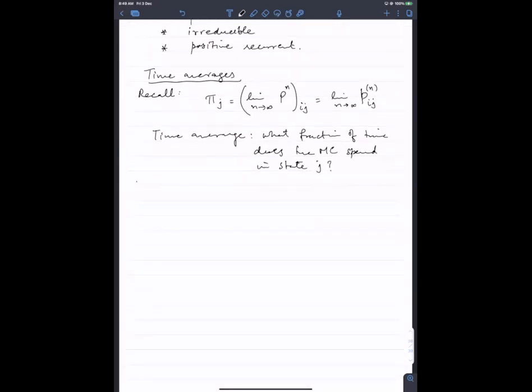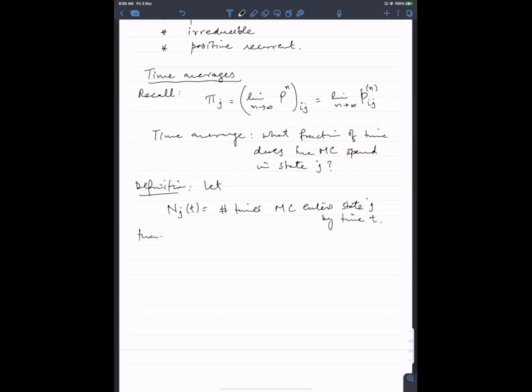So formally define कर देते हैं. Let N_j(t) be the number of times the Markov chain enters state j by time t.